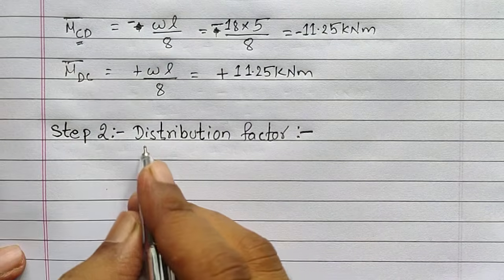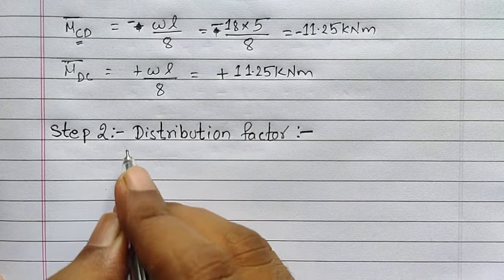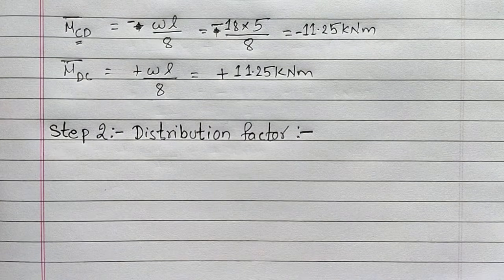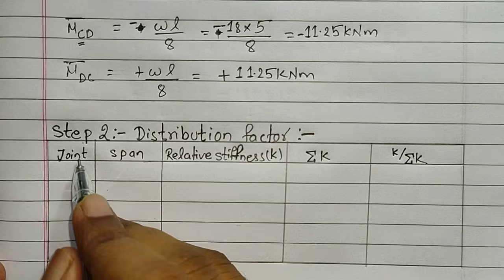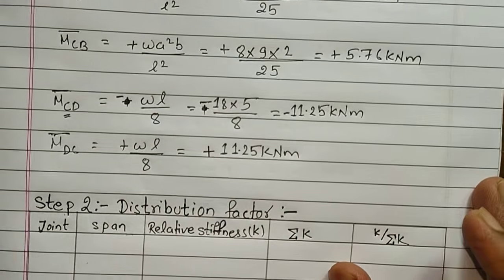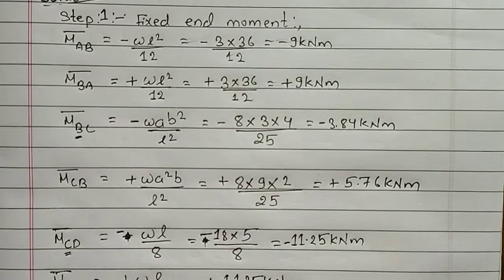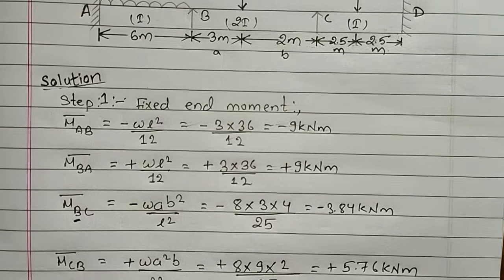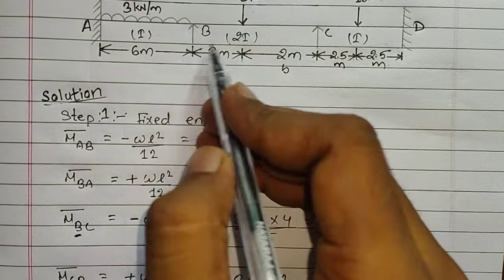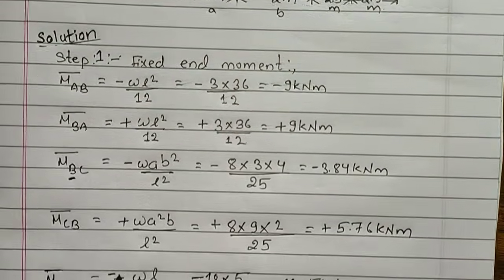To calculate the distribution factor we need a table, so let us draw a table first. Our first column is joint. In joint we need to take the intermediate joint, and the intermediate joints in the given diagram are B and C. So we will write it down here.